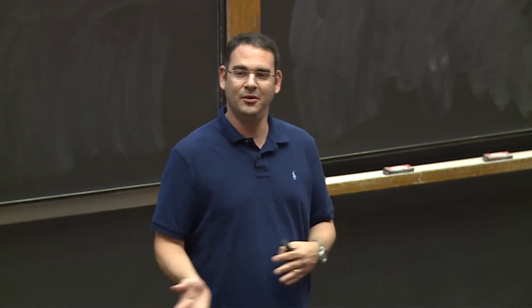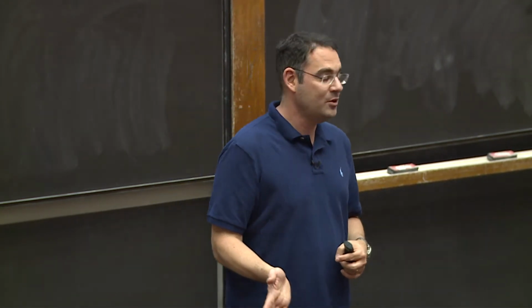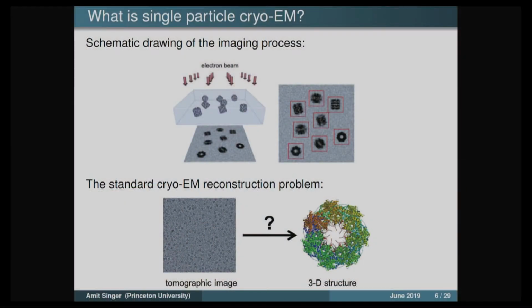And now I want to shift gears and talk about the application, Cryo-Electron microscopy. As I said, it's a method for determining structures of 3-dimensional proteins and other biological molecules, hopefully at atomic resolution. The way it works is actually very simple, compared to, say, NMR.